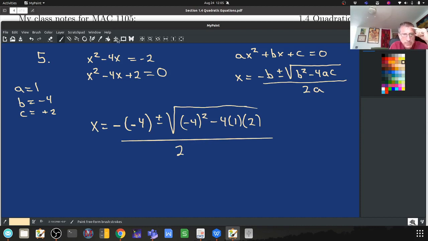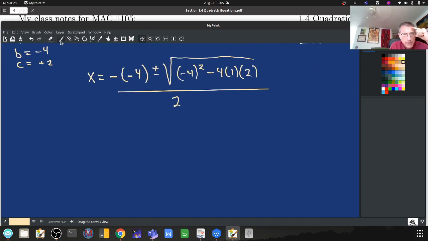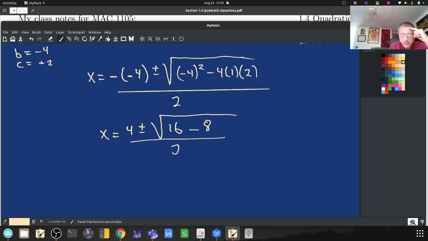So let's work on simplifying this. You can simplify it in many steps at once. For this first one, I'll just do it slow. Minus a minus 4 is 4, plus or minus the square root of minus 4 squared, which is 16, minus 4 times 1 times 2, which is 8, so 16 minus 8, over 2.